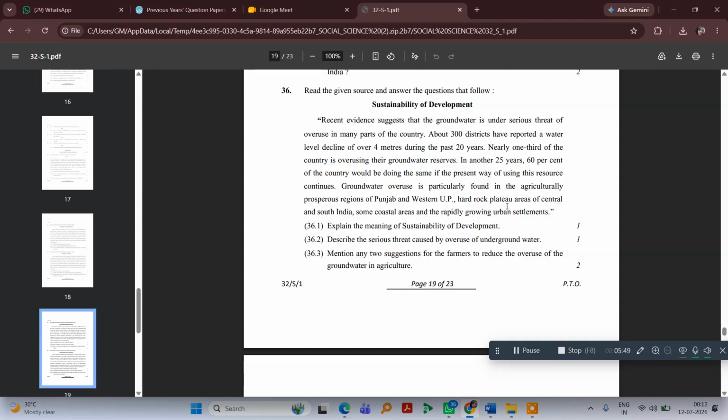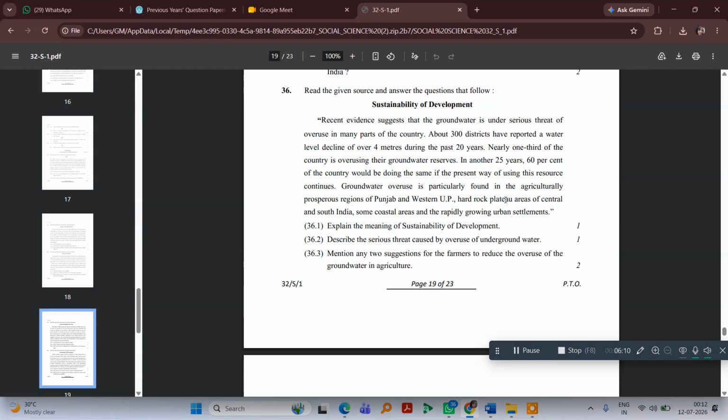Recent evidences suggest that the groundwater is under serious threat of overuse in many parts of the country. About 300 districts have reported a water level decline over 4 meters during the past 20 years. Nearly one third of the country is overusing the groundwater reserves.